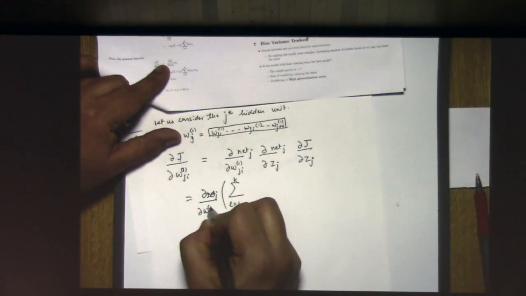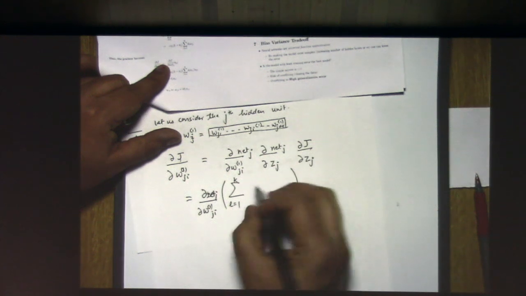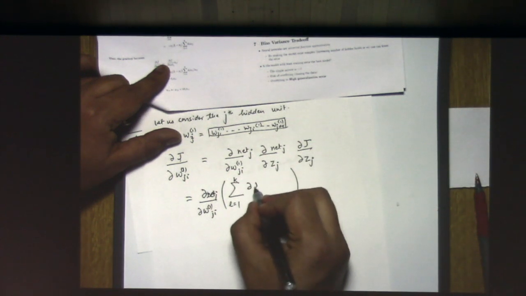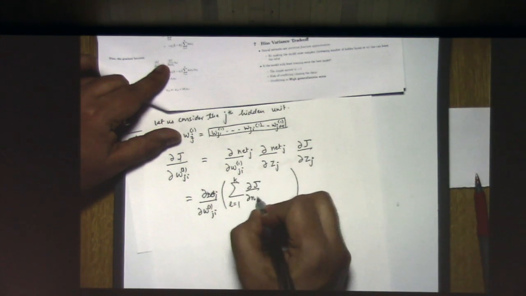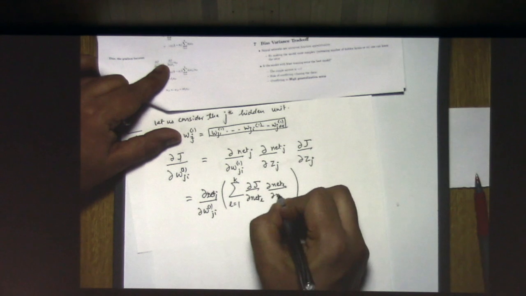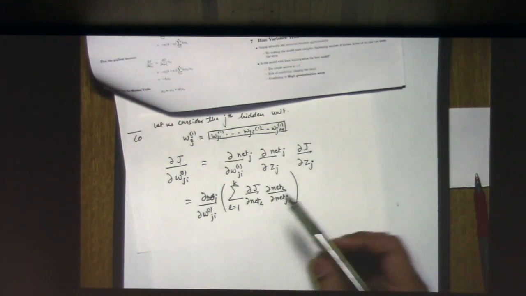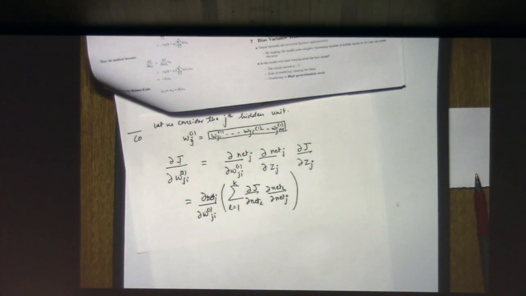So this stays because this is inside the unit, and this one can be written as d of j, the net of j. Okay, so net of L is the net output that's happening at the output layer.